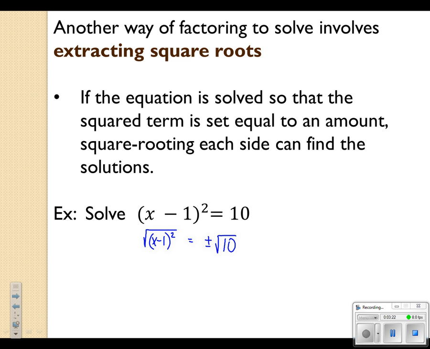The square root of my left-hand side is just x minus 1, and then I have plus or minus root 10 on the right. Finish solving by getting rid of the negative 1, so add 1 to both sides. And there's your end answer: 1 plus root 10 or 1 minus root 10.